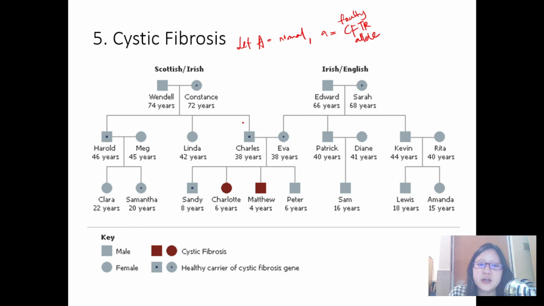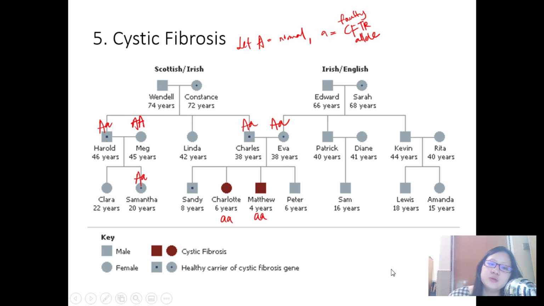And you can see that two carriers could result in a few kids who have cystic fibrosis because they may be homozygous recessive. However, if you have a carrier who married a normal person, it's not likely at all, 0%, that the kids will get cystic fibrosis. It is only possible that they become carriers as well.